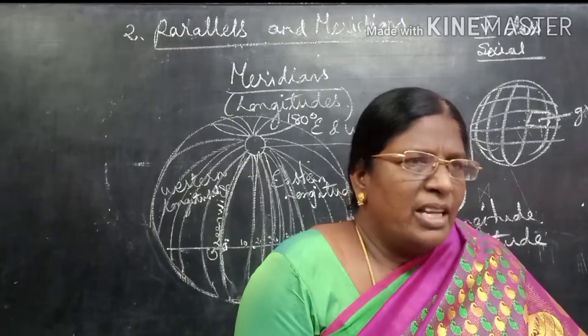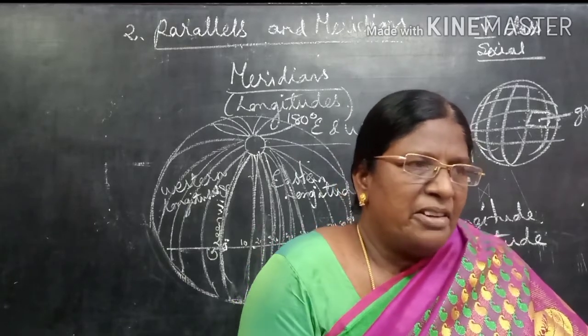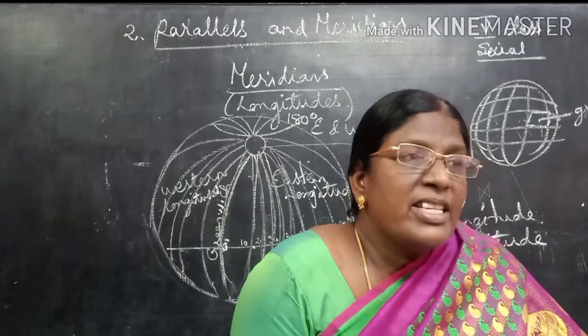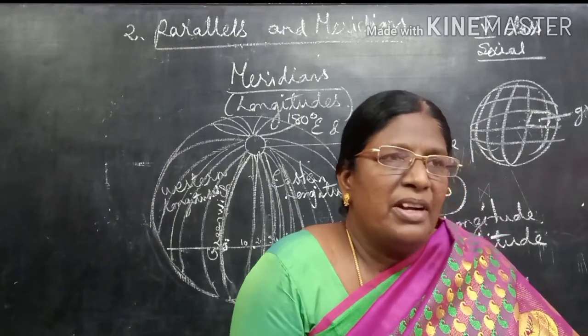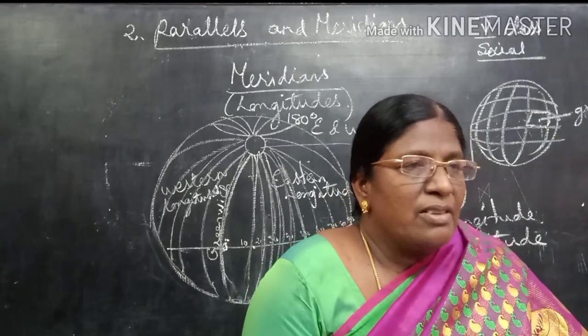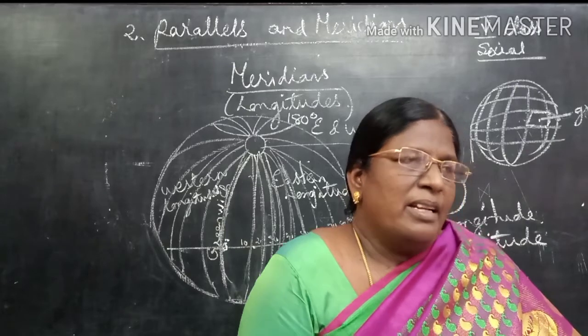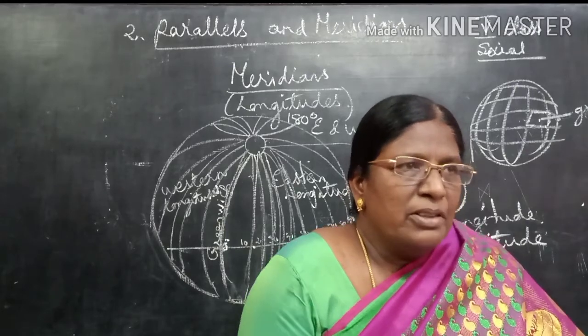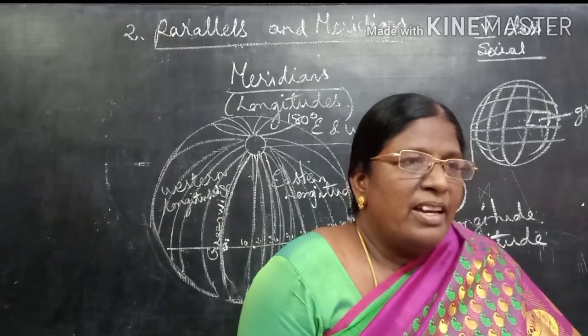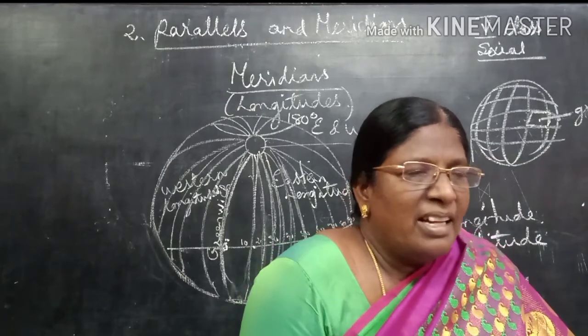Can you follow? The 0-degree equator is the latitude line. Here the 0-degree Greenwich line is the longitude line. Those longitude lines are called meridians. The Greenwich standard time was measured in London.